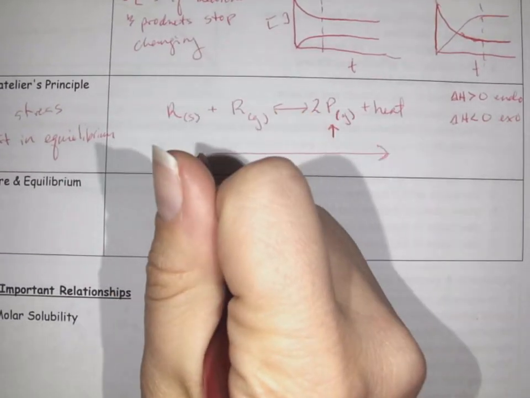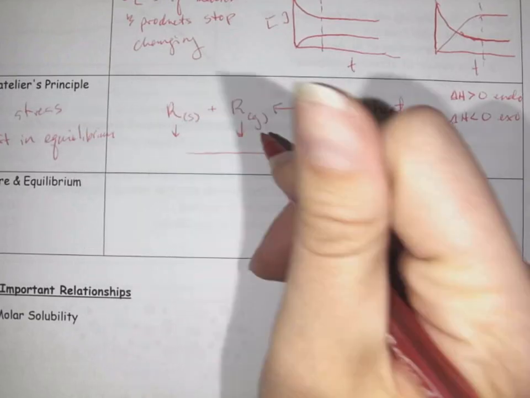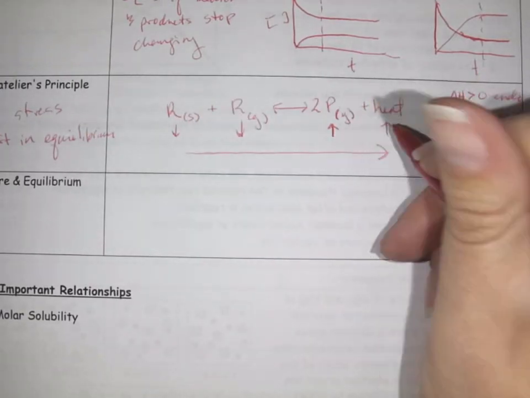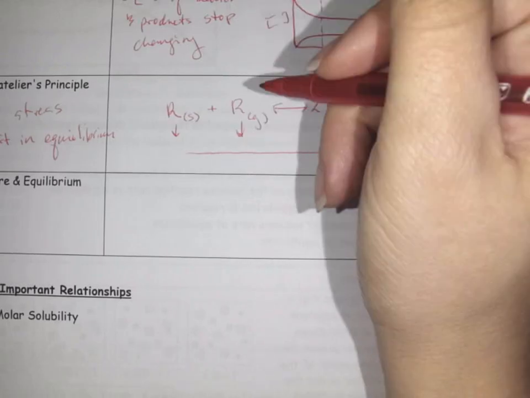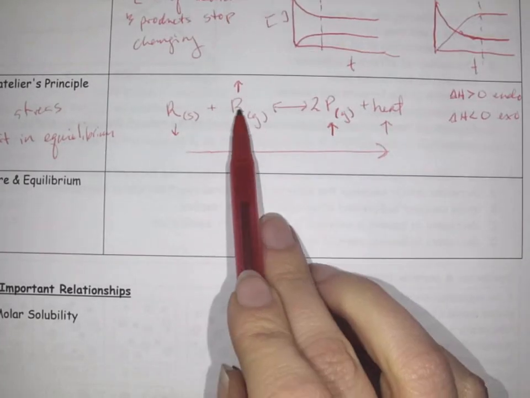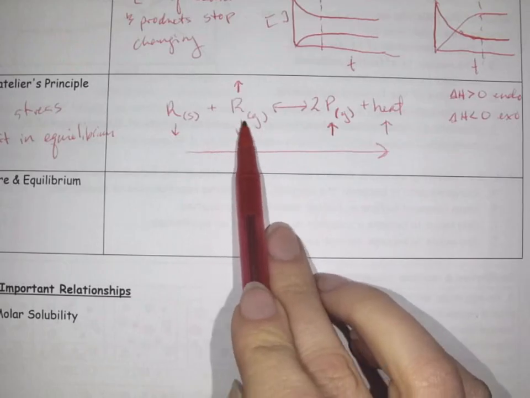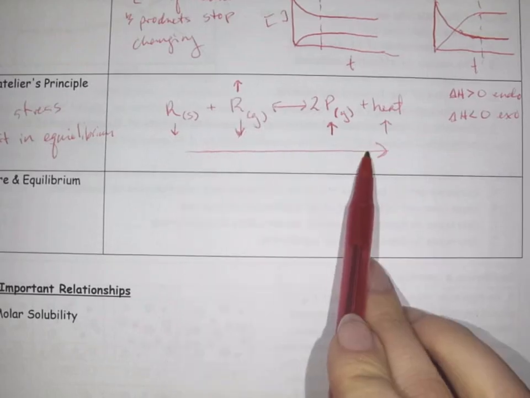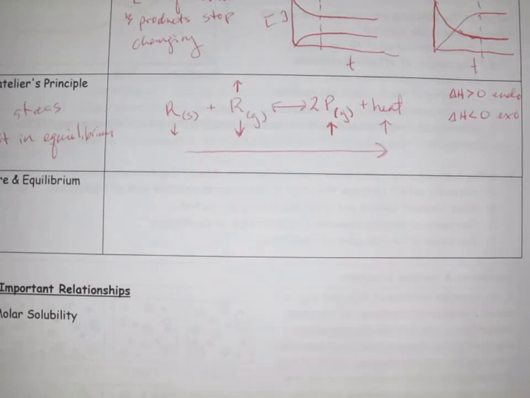So that would mean that our reactants are going to go down and our products are going to go up. A stress that is opposite of that will make this occur. For example, if we increase the amount of this reactant, then the reaction would respond by trying to decrease it, which would make us favor the forward reaction. So there's one potential stress.